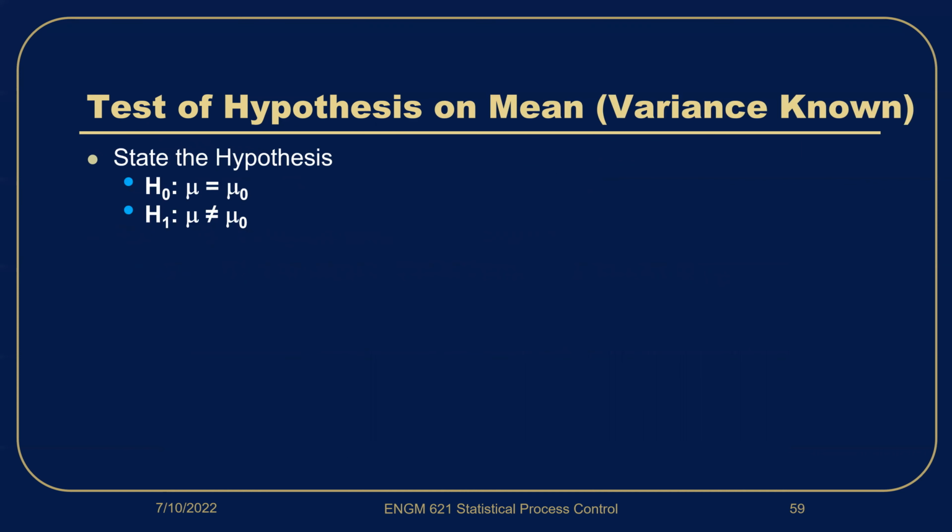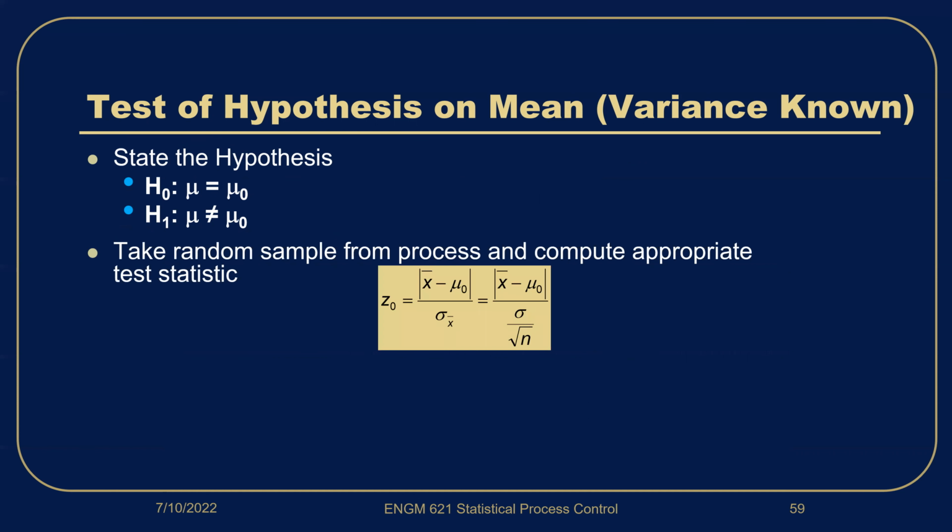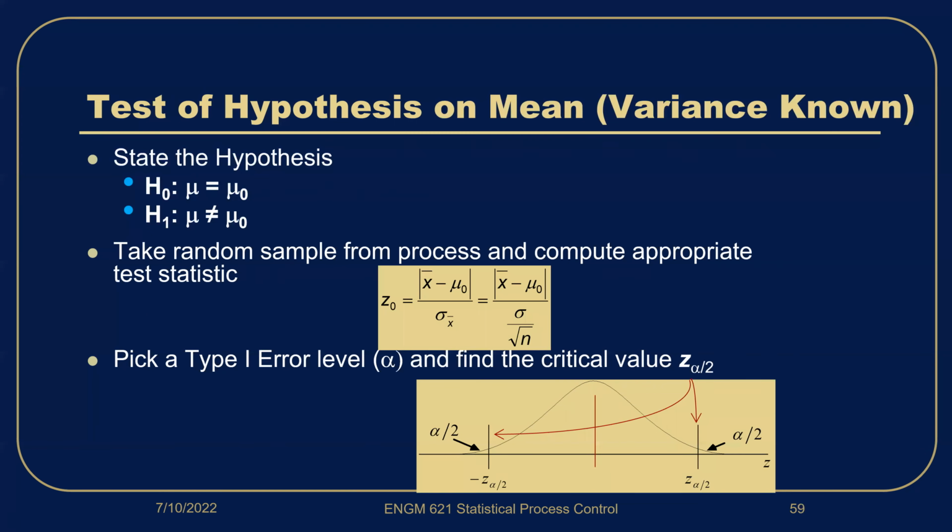To test the hypothesis, we take a random sample from the process and compute the test statistic. Based on type 1 error probability alpha, we find the critical values. If it's a two-sided problem, there are two critical values, symmetric about mu.